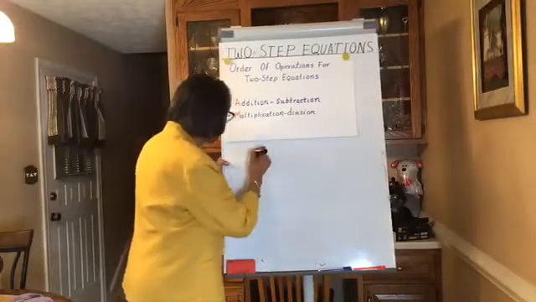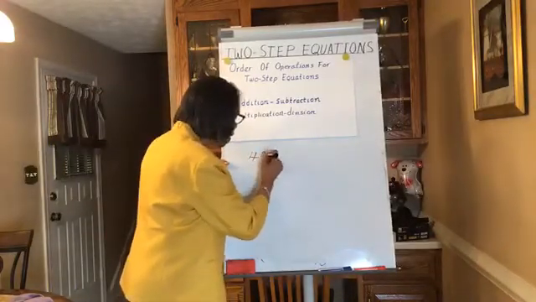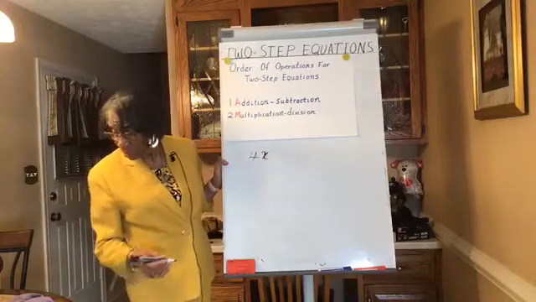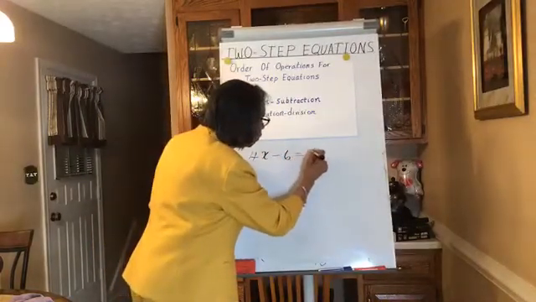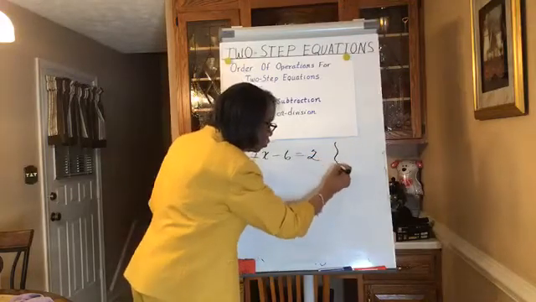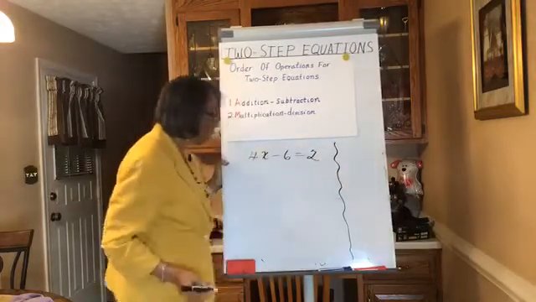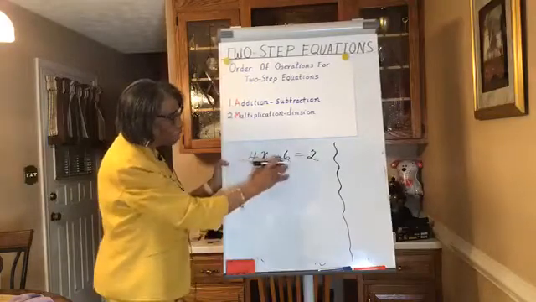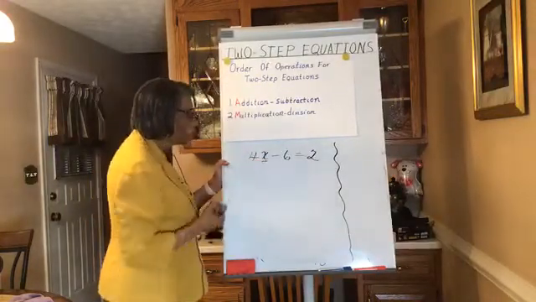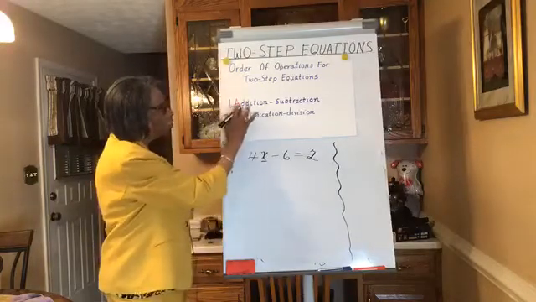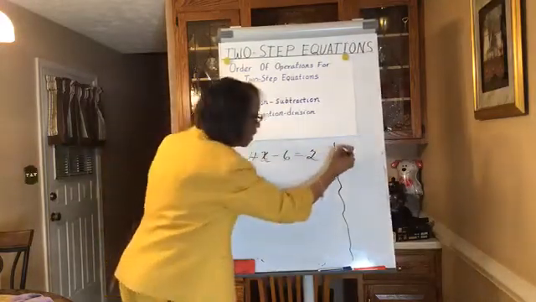4x minus 6 equals 2. All right, and do your little wiggly work over here. All right, this is a two-step equation. This is the variable. We look for addition or subtraction. It's subtracting 6.